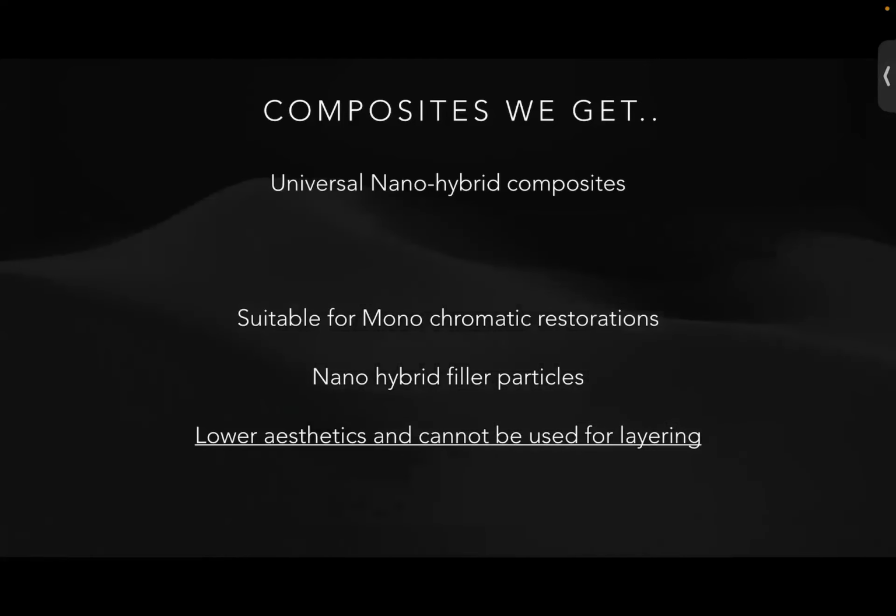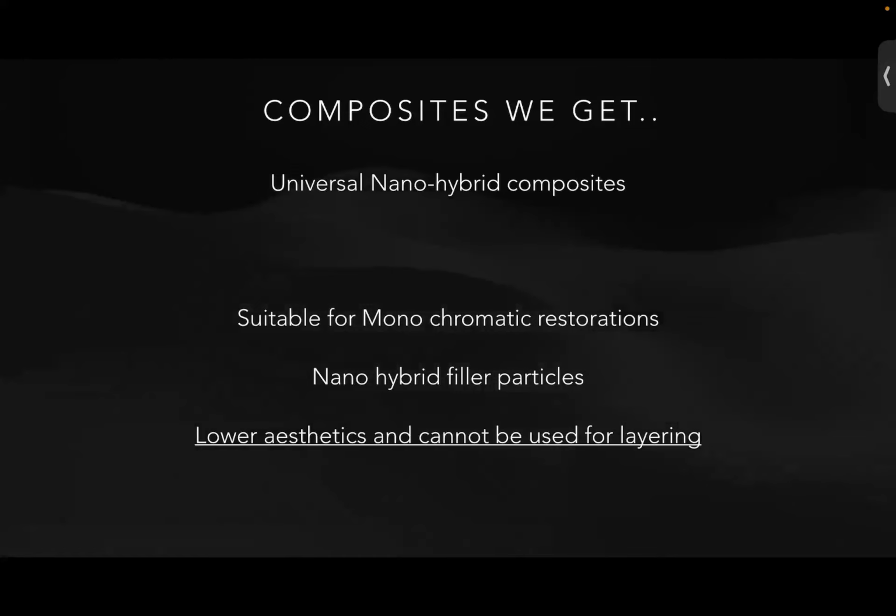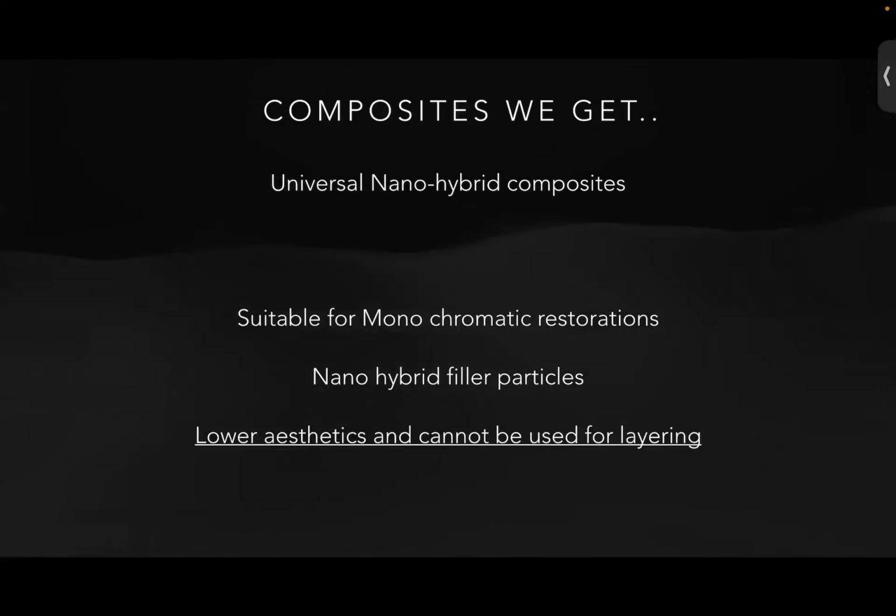When we talk about aesthetic restorations, we cannot use these composites because they are not going to give you a very aesthetic result. When we talk about polychromatic restorations, we need to understand that there are some aspects of natural tooth which we are just going to try to replicate, and that cannot be done with one single opacity.